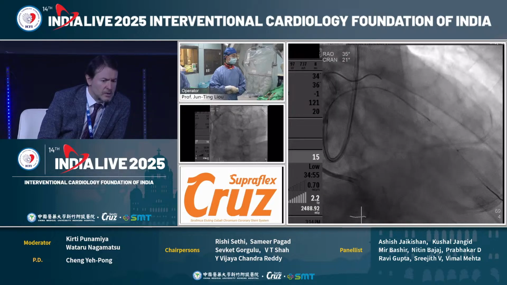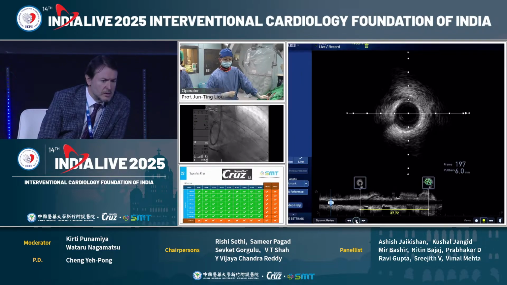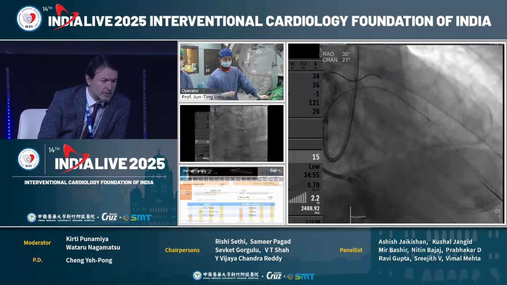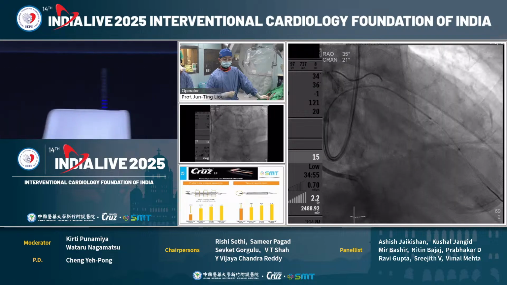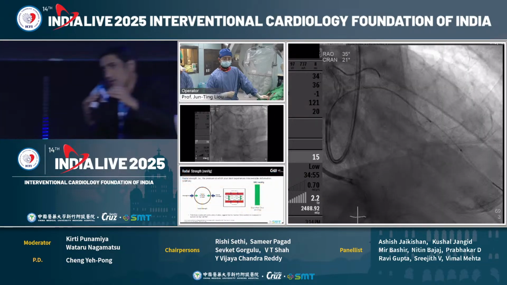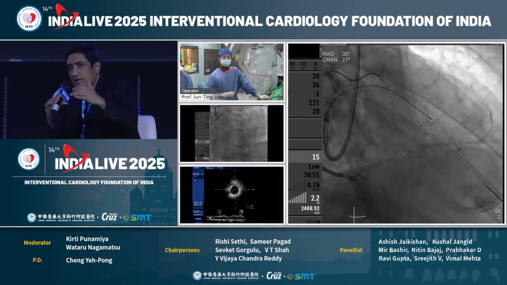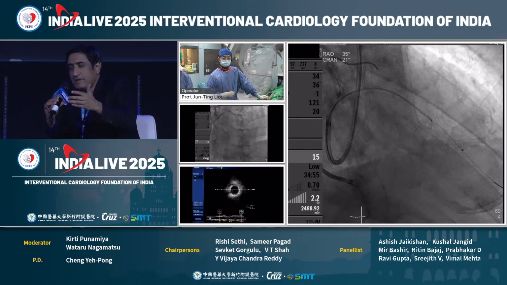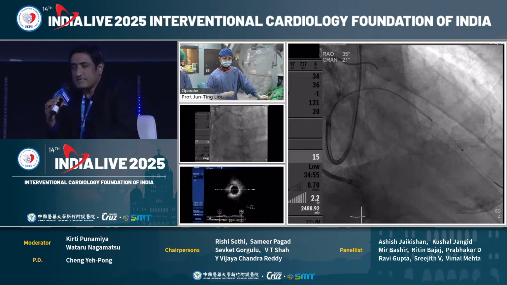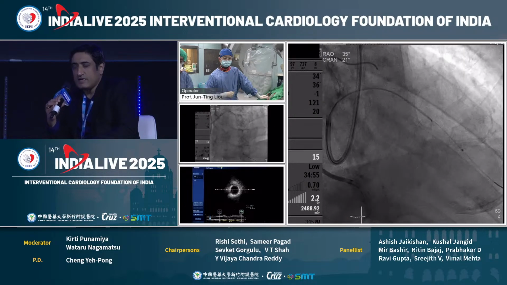Is there any suggestion, or can we see the IVUS here? The thing is that if you continue to create more and more dissection planes, then things become even more difficult. So at least my tendency is to use a parallel wire at the very beginning, because in an already complex situation, by creating more dissection planes you make the situation even more complex and the chances of failure increase.